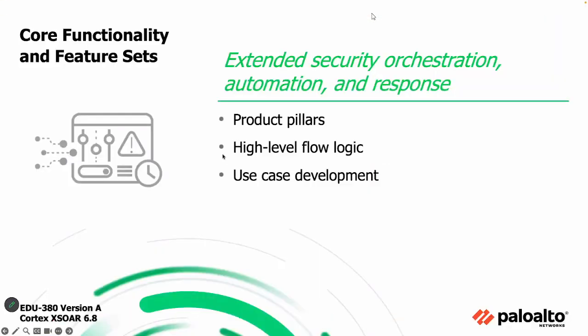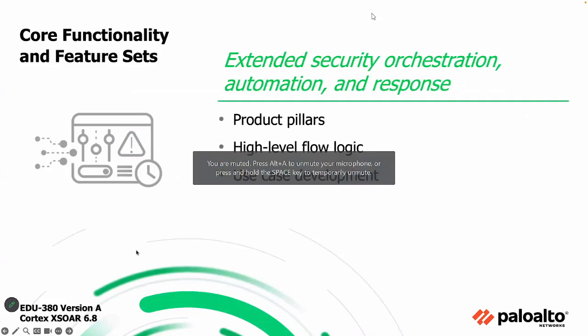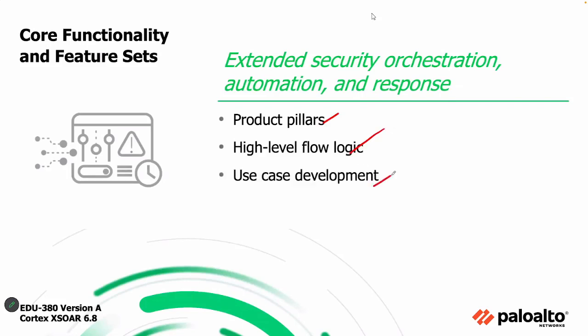Also, like every course, I do have some questions that I usually do for students to help them fix in their mind what we have been telling you so far. We'll be talking about product pillars, the high-level flow logic, and the use case development.